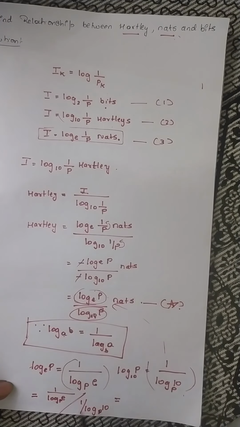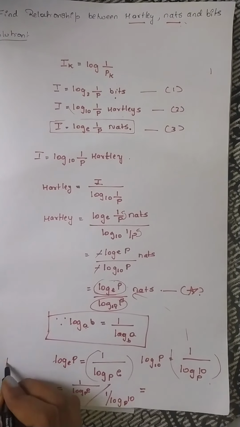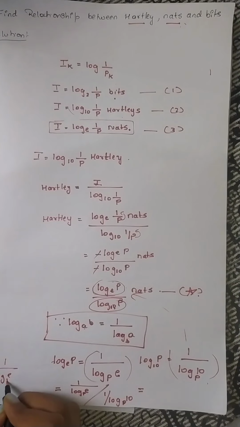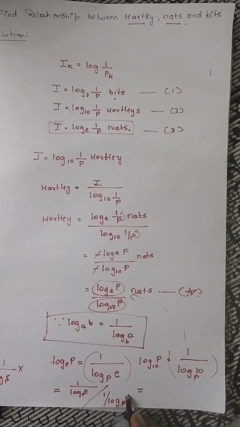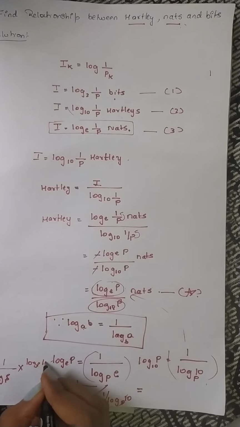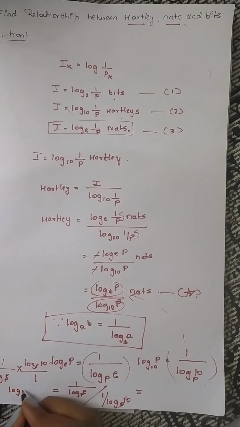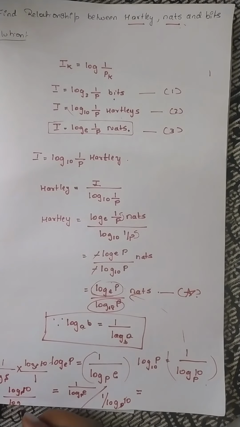I can rewrite this as log 10 to the base p divided by log e to the base p.